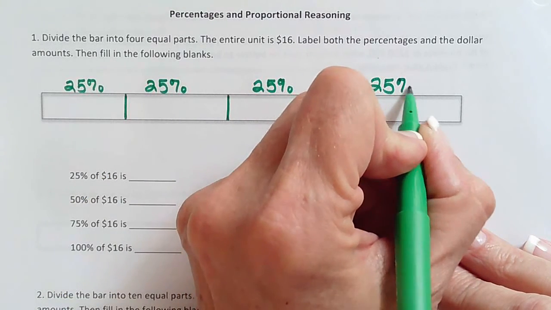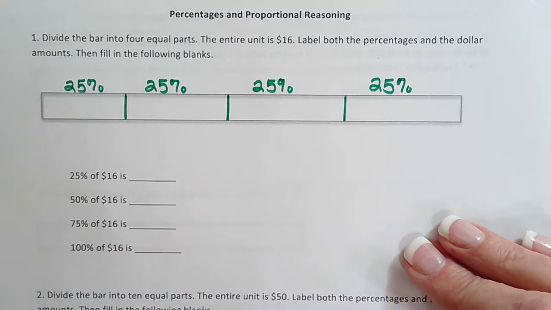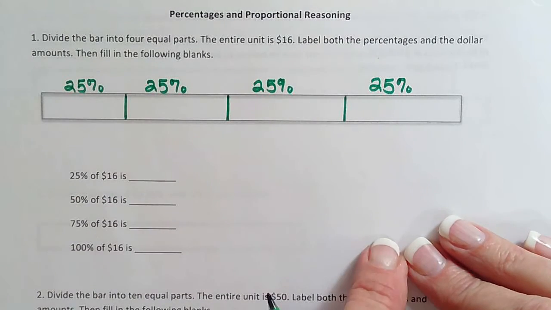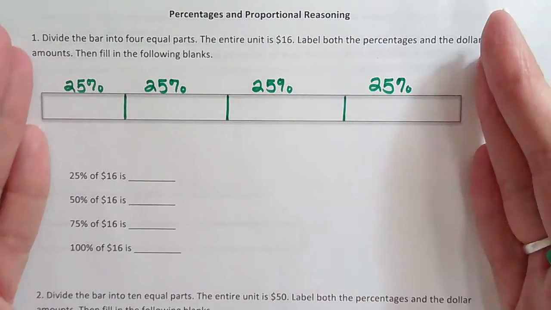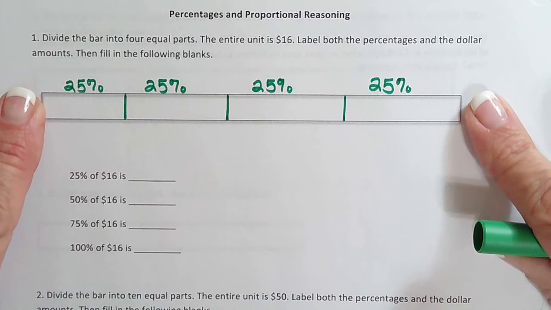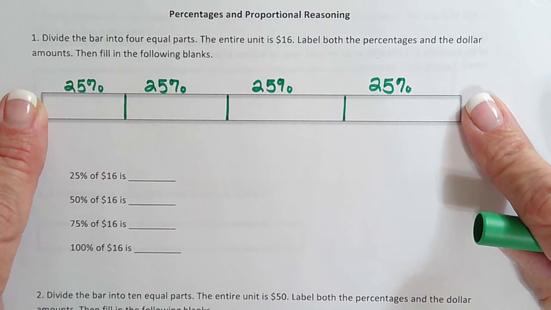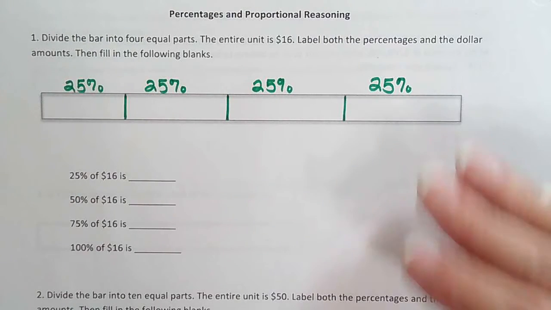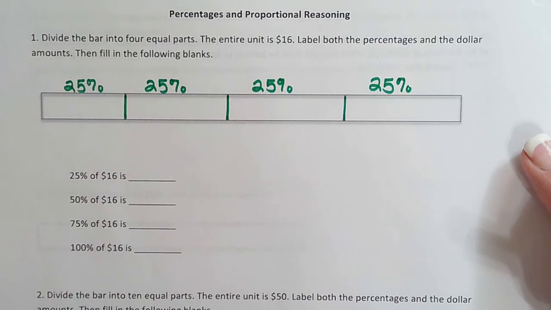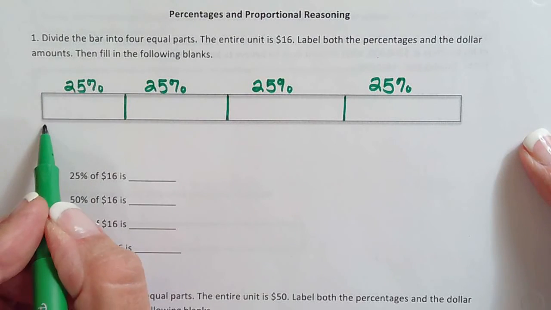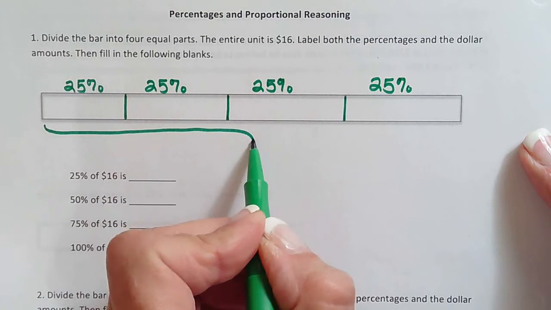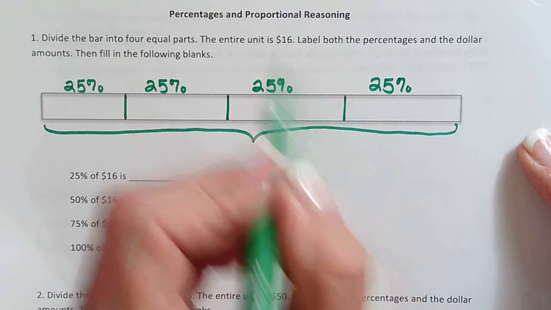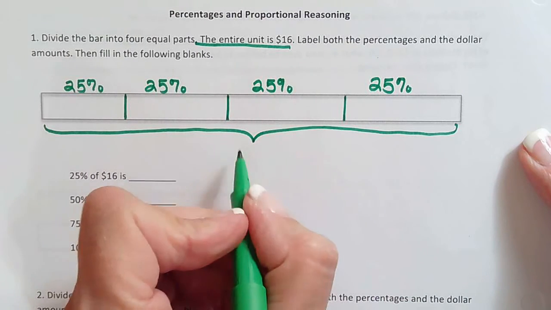Maybe some of you are wondering, how did you know that? Well, 25 times 4 is 100, because remember, this is the unit. This equals 100%. So when I saw they were all 25s, that was just my idea to break them into 4 equal pieces of 25. It says the entire unit represents $16. That's from right there.